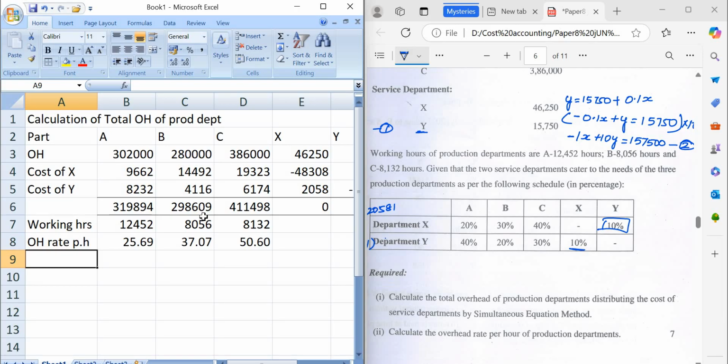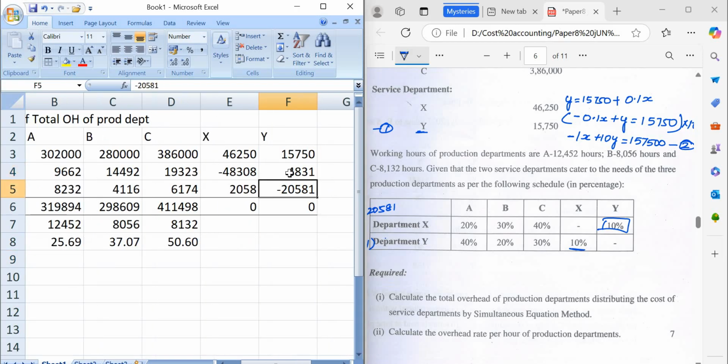So the main marks will be awarded first for forming the equation and for calculating this overall overhead of x and overall overhead of y. If I am calculating using the simultaneous equation method, the total should be 0. If it is a decimal up to 1 or 2 rupees, it is fine.